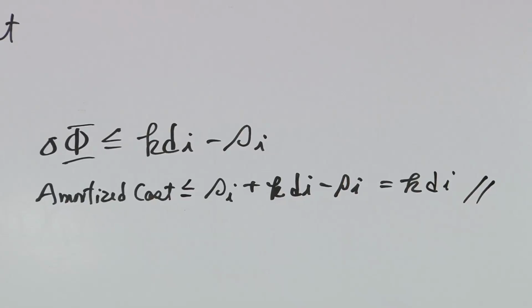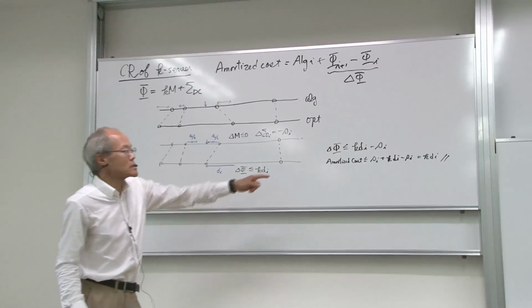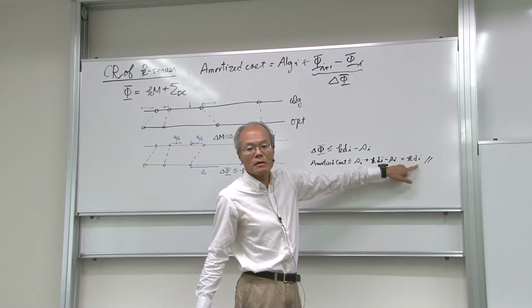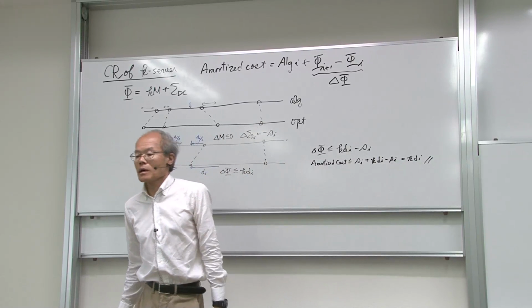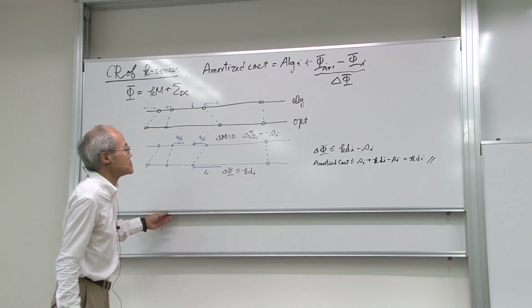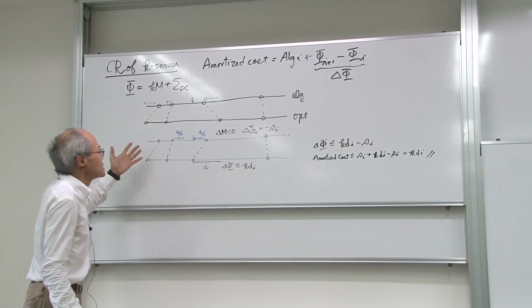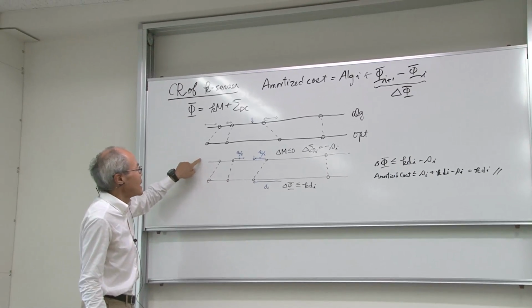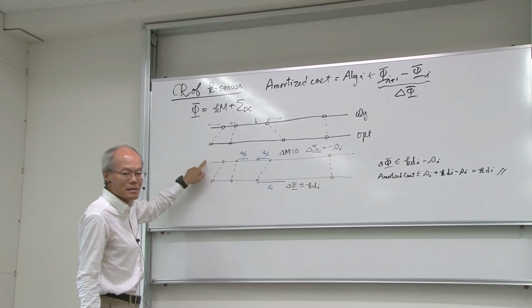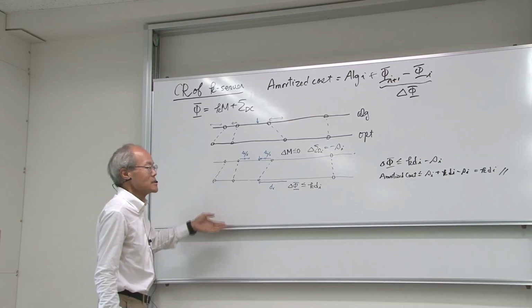This is enough for us. If the amortized cost is at most k times the cost of OPT, then the competitive ratio is at most k. Good. Of course, there's another case, where the request comes around here, but that is easier.